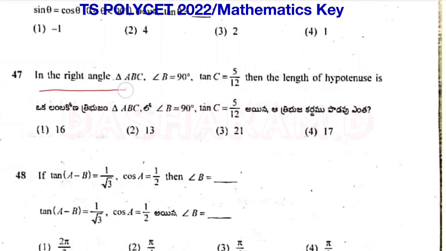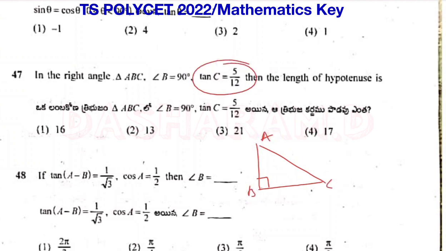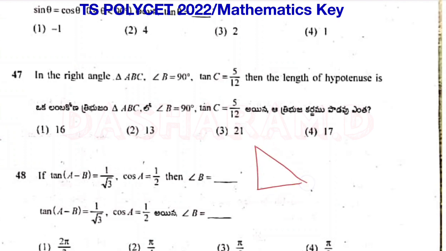Next to 47. In the right angle triangle ABC, angle B is 90, tan C is 5 by 12, then the length of the hypotenuse is how much? So in a right triangle ABC, right angle at B, tan C equals 5 by 12. The tan C formula is what?